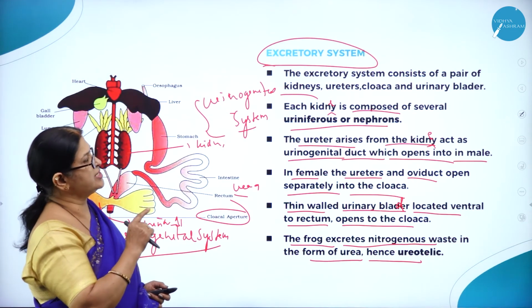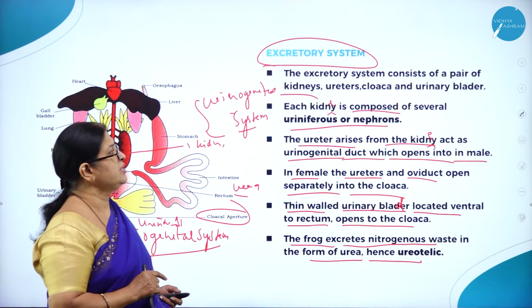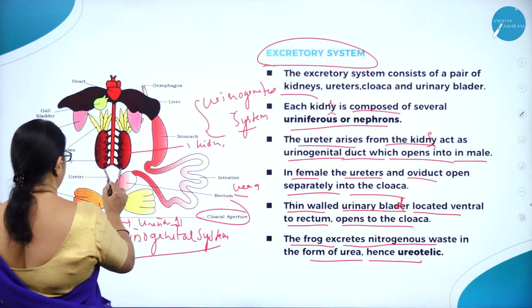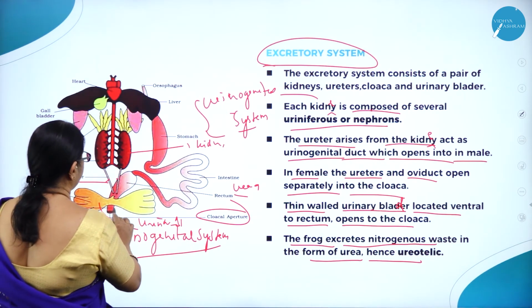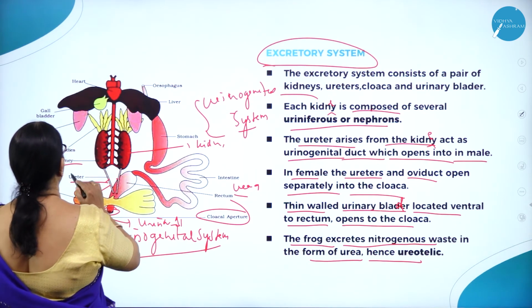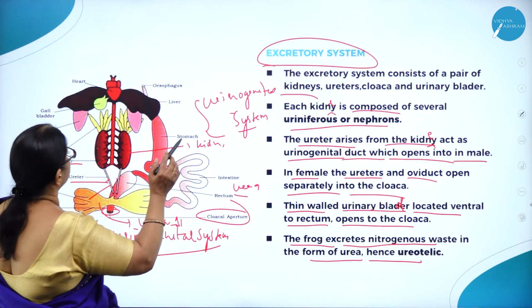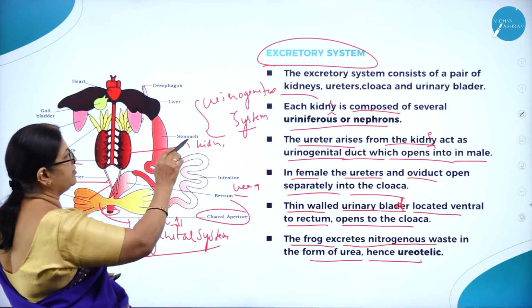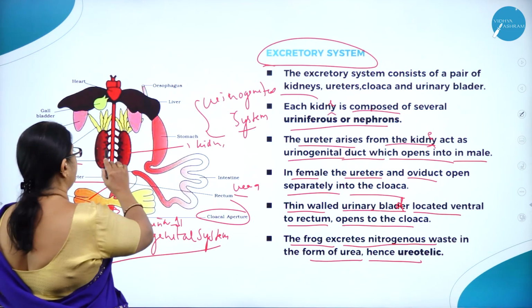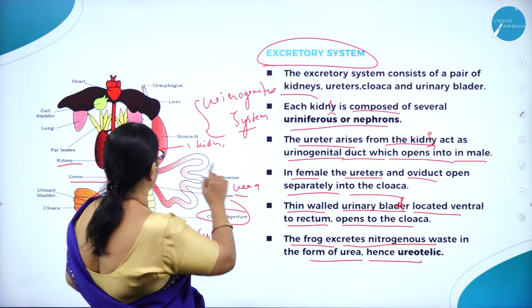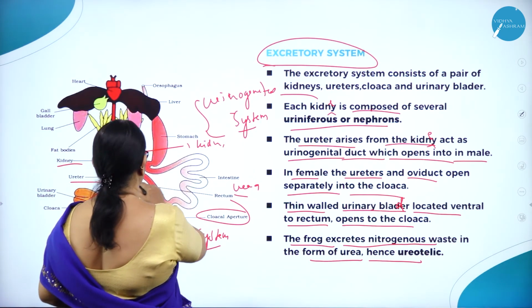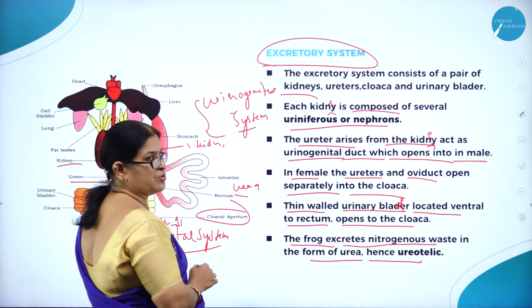So the excretory system consists of a pair of kidneys and ureters. Here you can see the two ureters, kidney, ureter, then the cloaca and the urinary bladder. Each kidney is composed of several uriniferous tubules or nephrons. The ureter arises from the kidney and acts as a urinogenital duct which opens in the male.